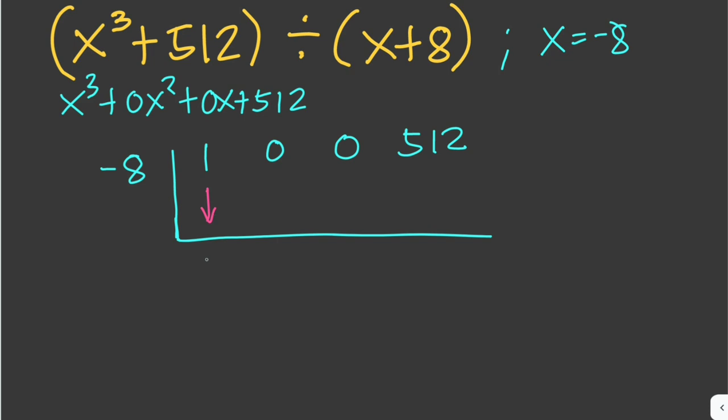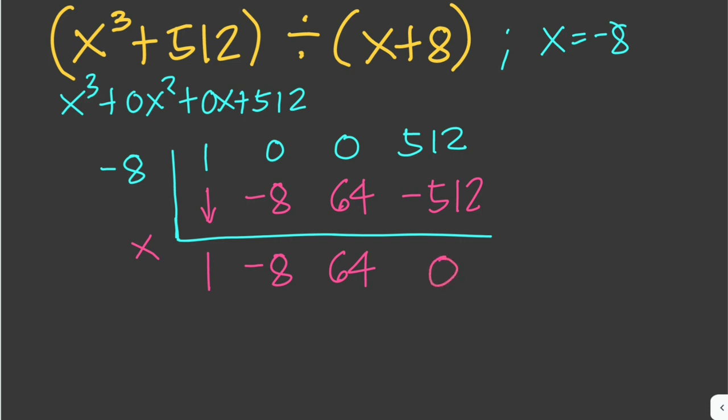We bring down the first coefficient, which is 1, and then 1 times negative 8 is negative 8, and 0 plus negative 8 is negative 8. Negative 8 times negative 8 is 64, and 0 plus 64 is 64. Then 64 times negative 8 is negative 512. Then 512 plus negative 512 is equal to 0.